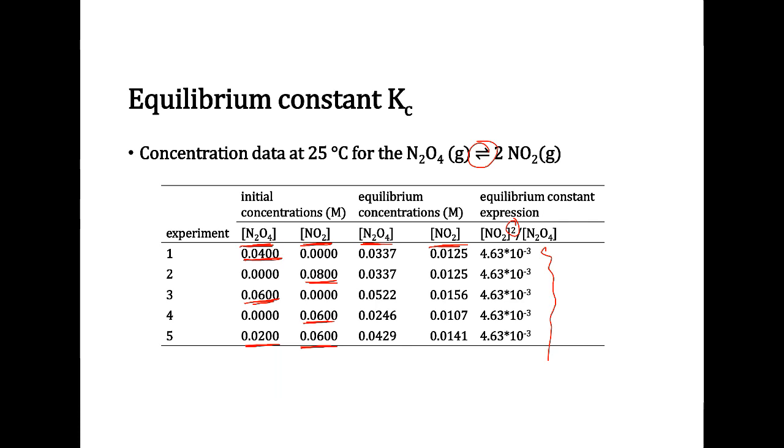So even though the equilibrium concentrations are different, we can still calculate a constant from the concentrations at equilibrium by using this expression of products over reactants, and then we raise the products to the coefficients.